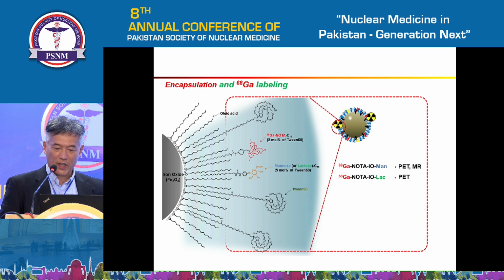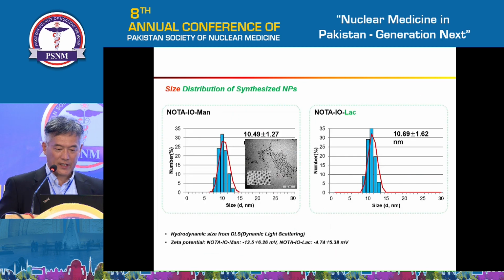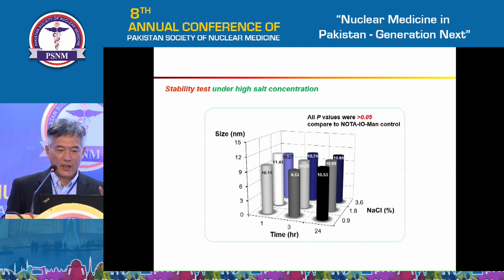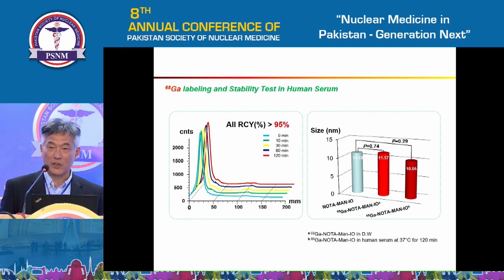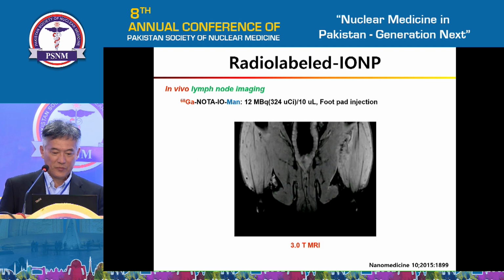As you can see here, after the hydrophilization, the nanoparticle possesses a very monodispersed structure, and after the hydrophilization encapsulation, just 10 nanometer size. And also under high salt concentration there is no change of the size, and after the radiolabeling, there is no change of the size.